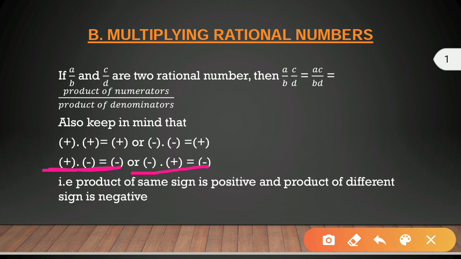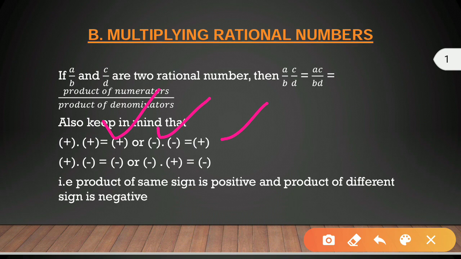When two rational numbers are both positive, their product will be positive. If both are negative, their result will be positive. If one is positive and another is negative, their result will be negative.